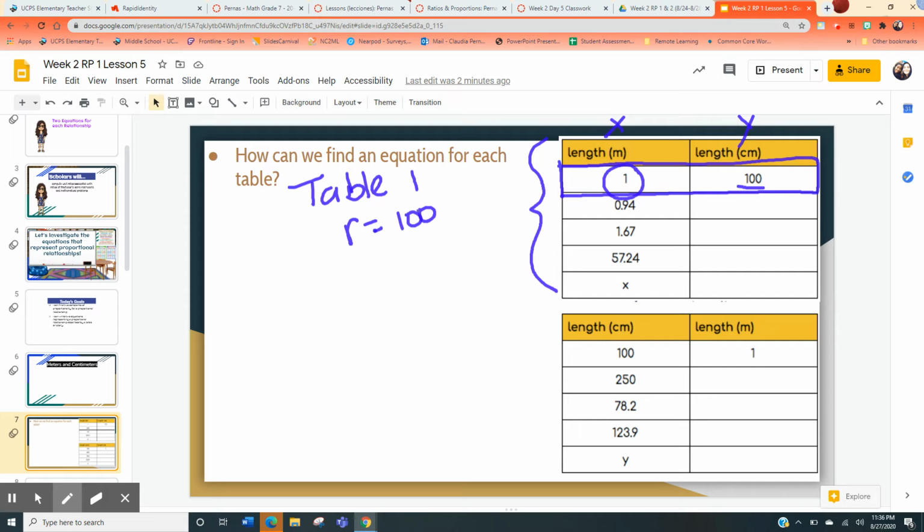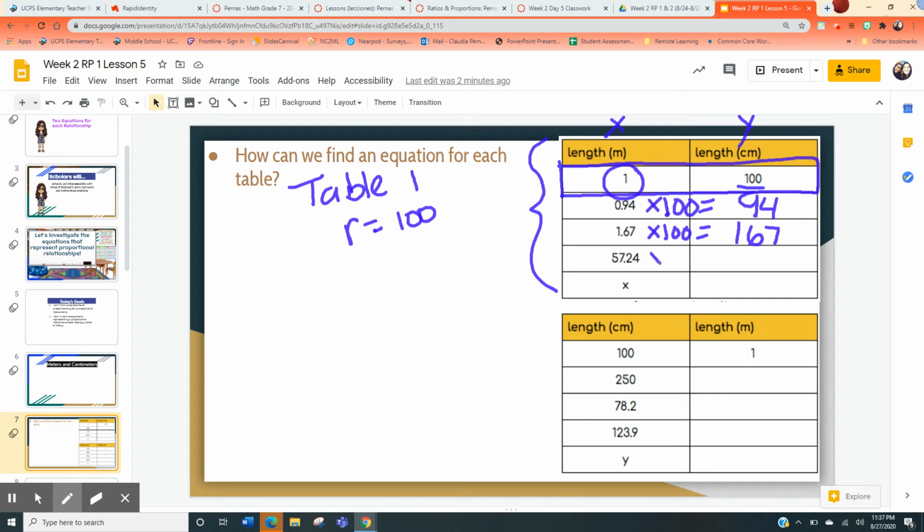So if I were to go ahead and work through the rest of the table, I would do 0.99 times 100, and that would give me 99. Then I would have 1.67 times 100, and that would give me 167.